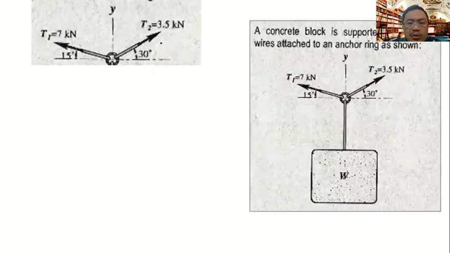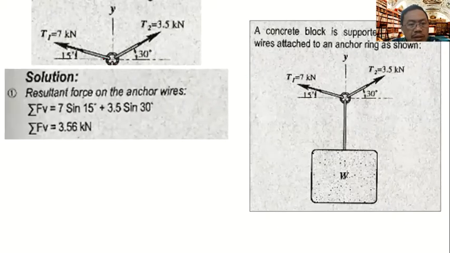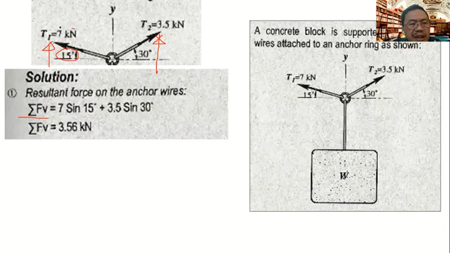So if you are going to separate this anchor wire, so what is the resultant? So simply taking up the forces or summing of forces vertical, yung paakyat, pataas, vertical component of this T2 and then vertical component of this T1. Okay? Considering this 15 degrees, that is opposite, opposite ito. So that is sine. So sine of 15 degrees times 7.